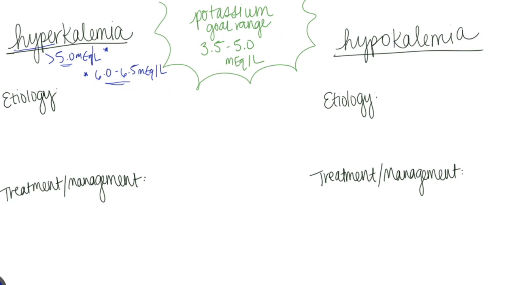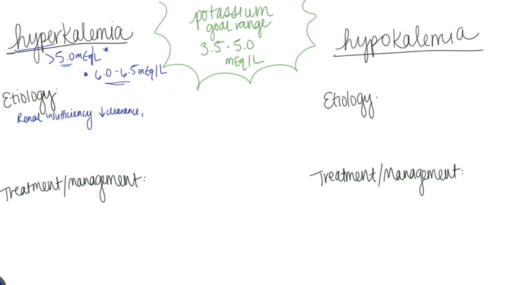Our first potential etiology for hyperkalemia is renal insufficiency. We're considering that the kidneys are our primary source of clearing potassium from the system. So if you have low clearance, then you can have this buildup of potassium in the blood, and that of course can lead to elevated potassium levels.